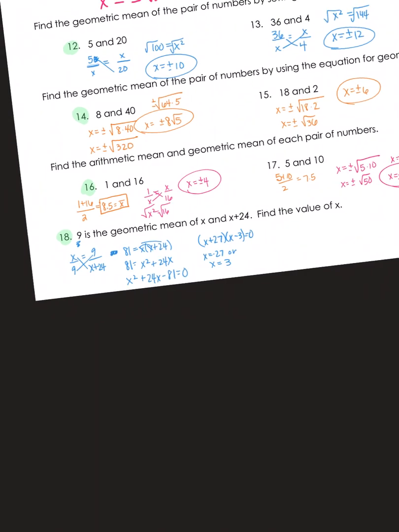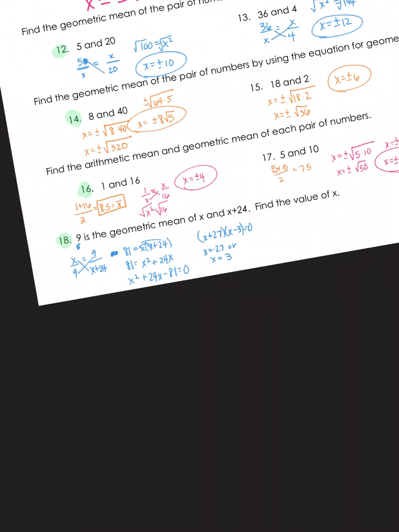Okay, find the value of x. So if we go negative 27, 9, and 9 plus negative 27 is negative 18.